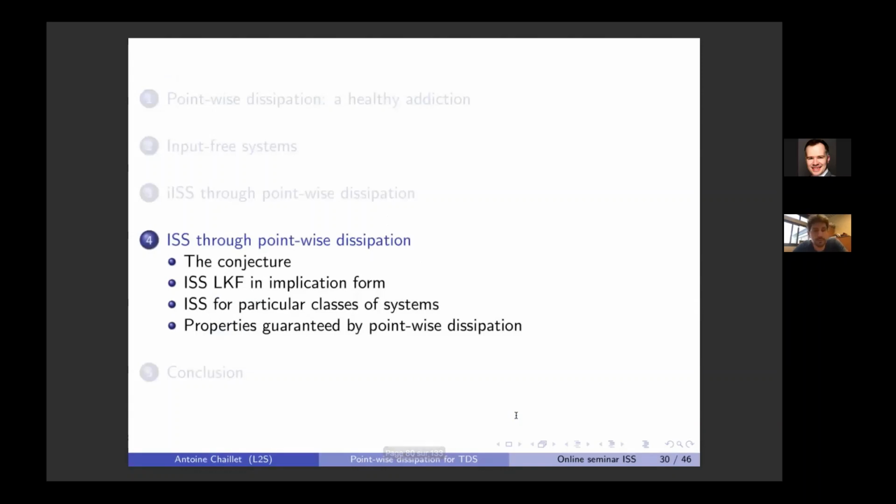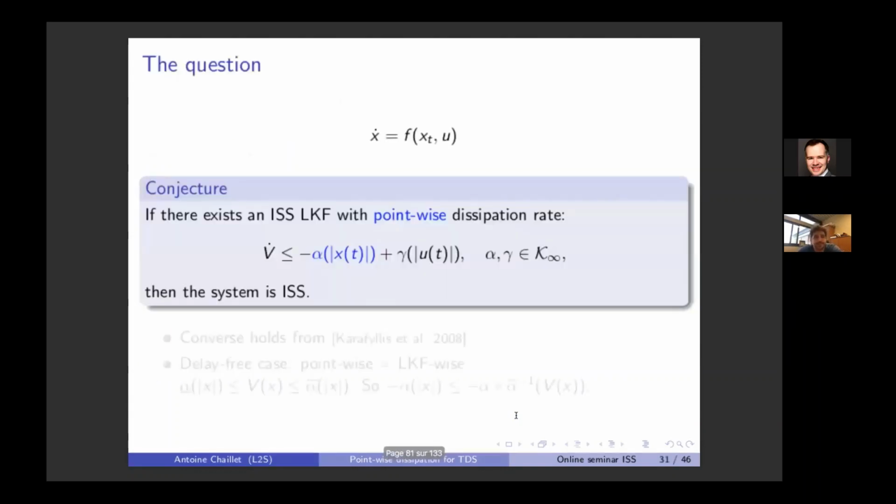Okay, let me now move to iISS. So that's the conjecture that has driven me nuts for 5 years now. I've annoyed a lot of people present here today with this question, and so far there is no satisfactory response to this question, neither proved nor disproved.